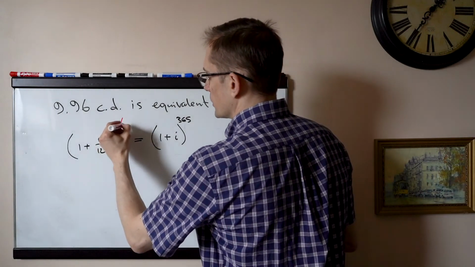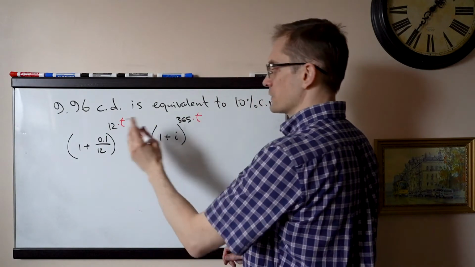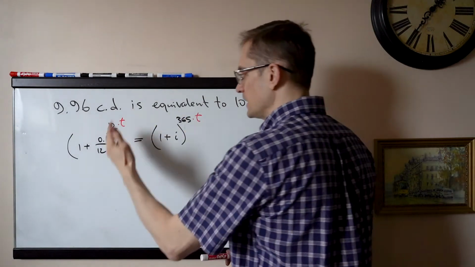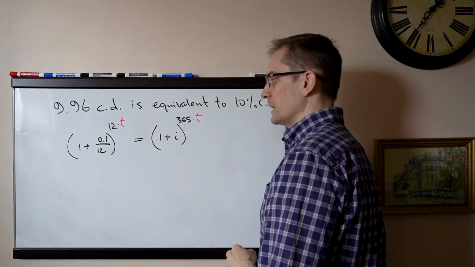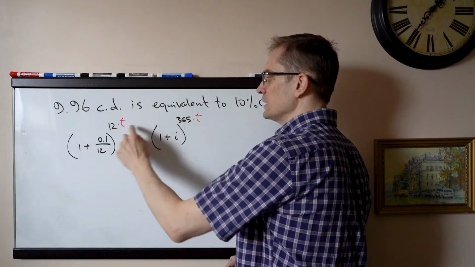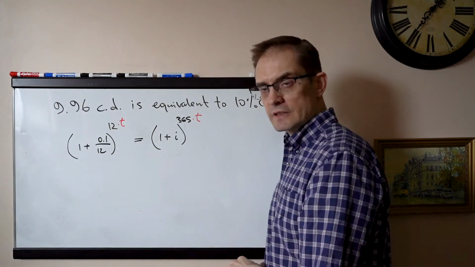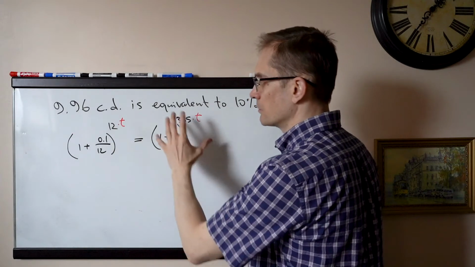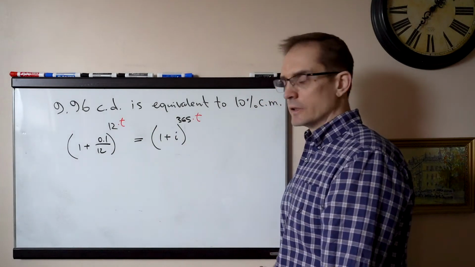Basically, I can always multiply both sides by some time t, and you can realize that this t can be added or deleted without harm to the equality here.